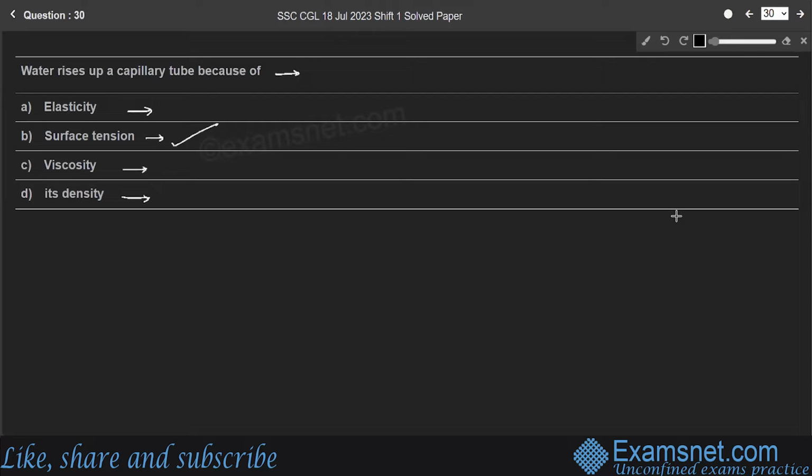Here, what is surface tension? It's a property of the surface of a liquid. For example, let us consider the capillary tube, and the surface of the liquid means the surface of water, right?